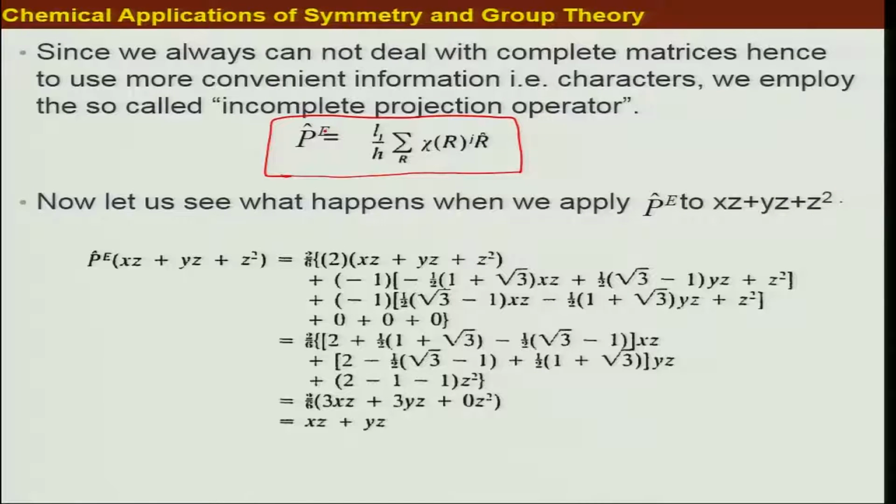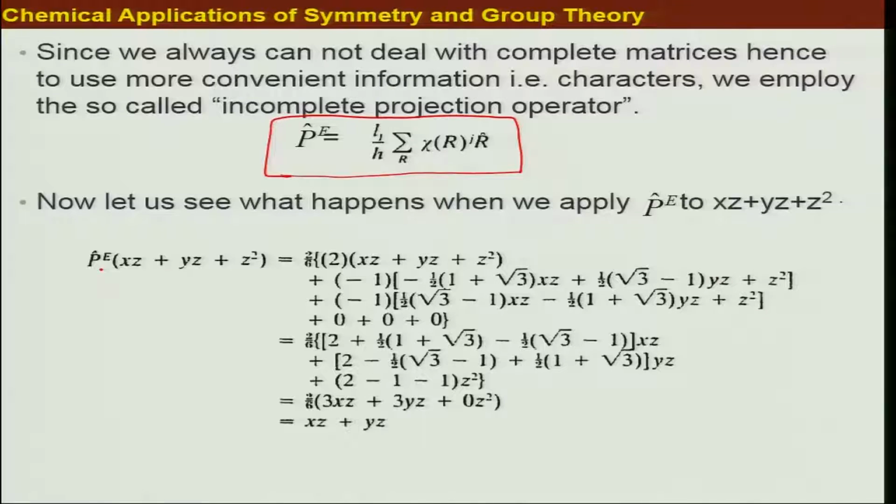So we can now easily form this particular projection operator. You need to have the character table of that particular point group with you, because you are going to use this character table. We are dealing with the representation E, so you should know the characters for this representation for the C3v point group, right.